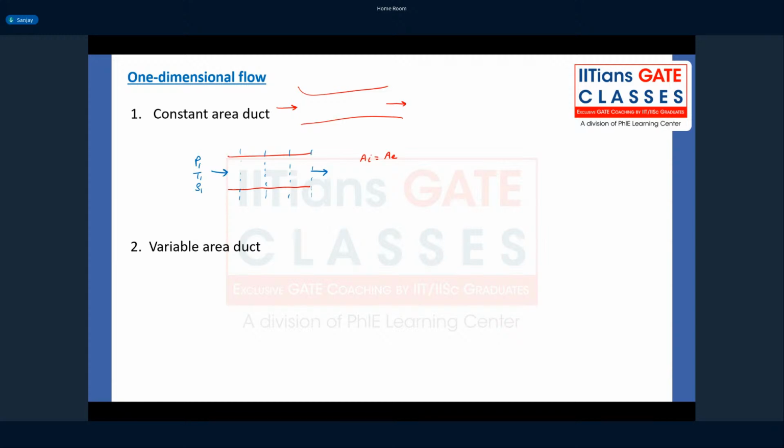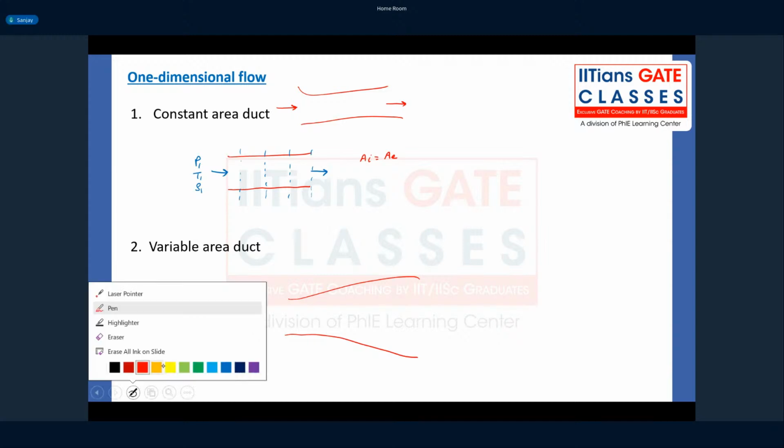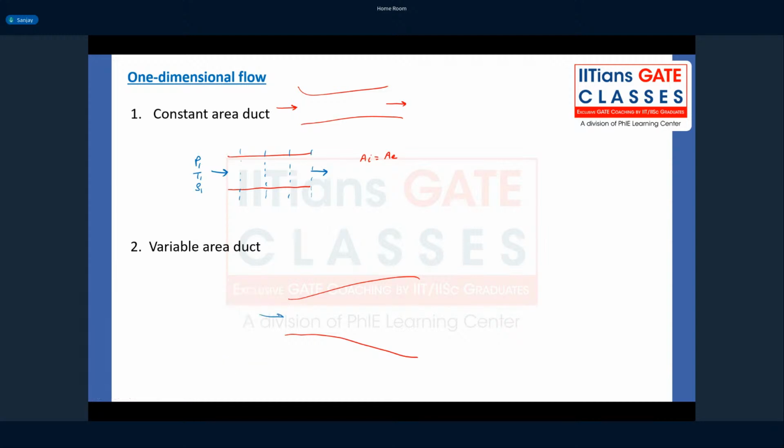All right. Now, on the contrary, what happens if my duct is a variable area duct? Let's say the shape of my duct is changing. If a flow enters this duct, do you expect the properties of this flow to change as it passes through the duct?